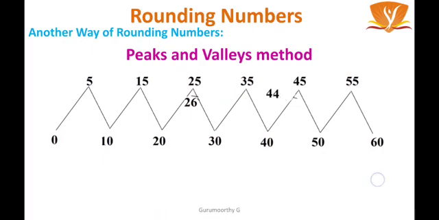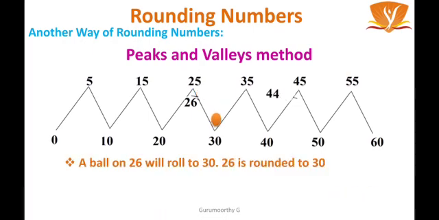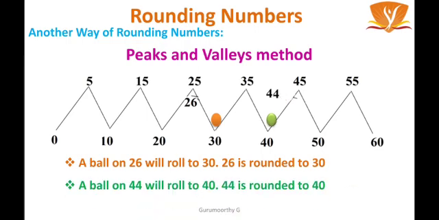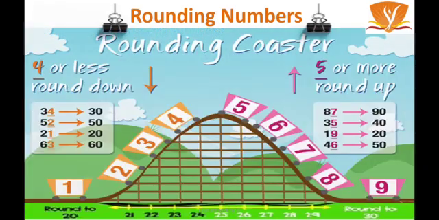Example, a ball on 26 will roll to 30. 26 is rounded to 30. Next one, a ball on 44 will roll to 40. 44 is rounded to 40. Dear children, I have shown the rounding coaster with examples for your better understanding.